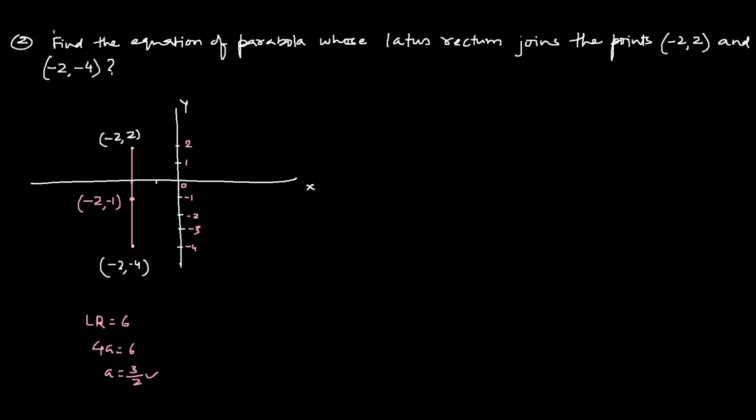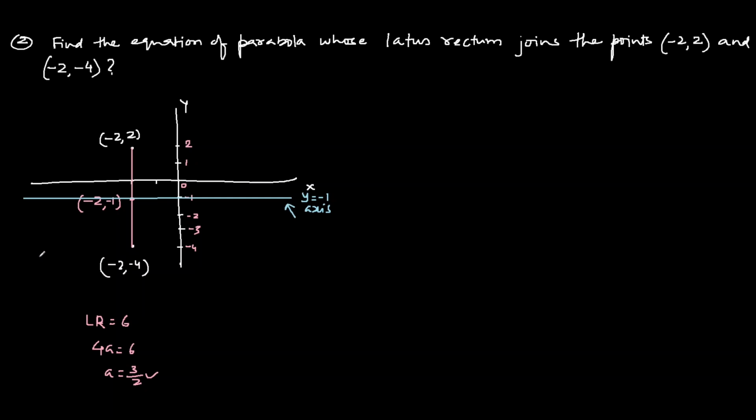Now we know that the axis of the parabola is perpendicular to the latus rectum, and the axis of the parabola must pass through the focus. So this is the axis of the parabola, which is parallel to the x-axis, and its equation is y equal to minus 1. Now we have two possible parabolas here.